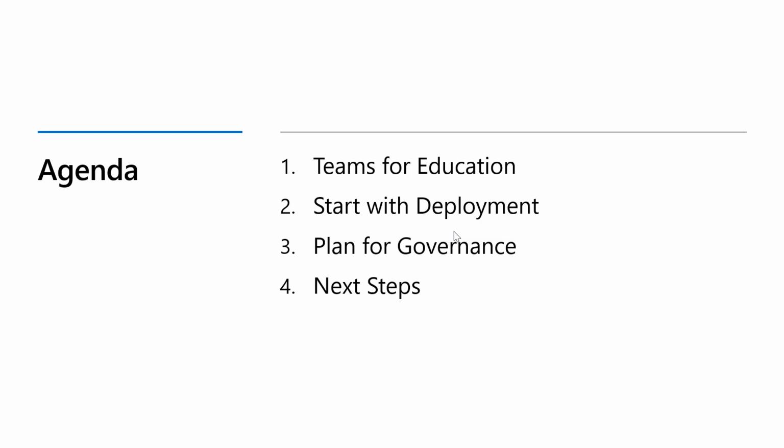What are the things you really need to know to make sure that you have a safe environment, especially since we're dealing with students, especially since we're dealing with some very sensitive information, and we want to make sure that the governance and the deployment is done as securely as possible to make sure that you have completely your student safety in mind. And finally, we're going to talk about next steps. What are the things you need to know once you've done the deployment, once you've configured your Teams environment to make sure that you have the best practices in place when it comes to governance?